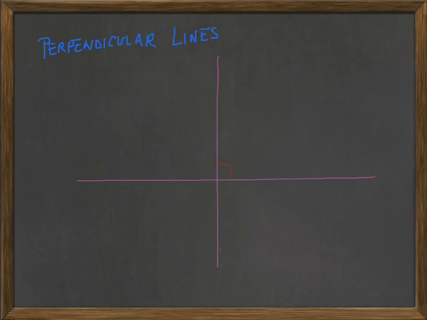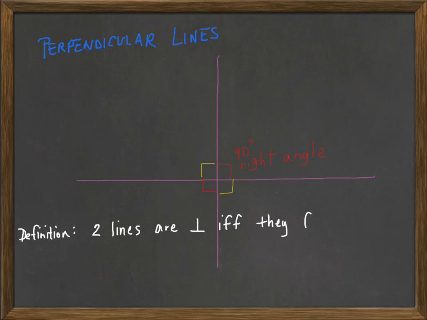Well, what it really means is that when they come together, they form right angles, angles that are exactly 90 degrees. In fact, all of the angles that are formed when two perpendicular lines come together are exactly right angles. So the definition that you can write down is that two lines are perpendicular if and only if they form right angles.